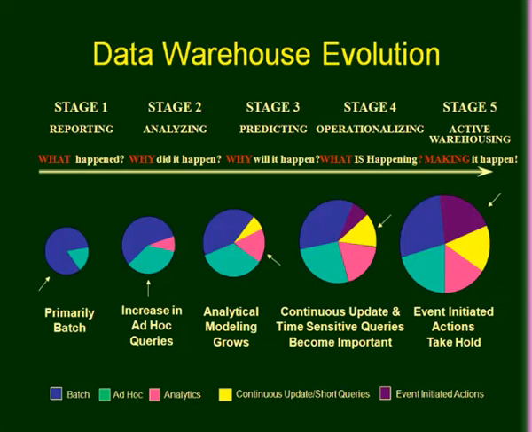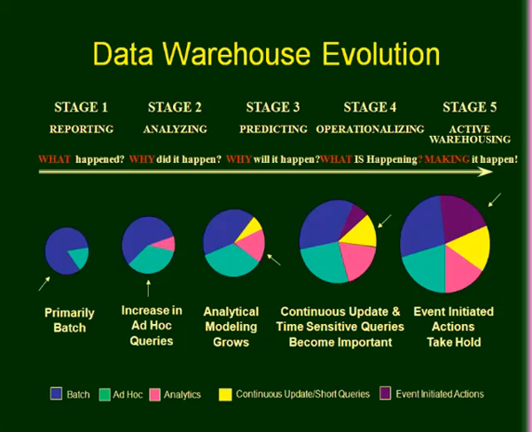All these five components, batch, ad hoc analysis, continuous update, short queries, and event-initiated actions, are part of active data warehousing, equally shared here. If you see the previous stages, the initial stage of data warehousing is only the reporting stage. Then the second stage is the analyzing stage. Then predicting, operationalizing the data warehouse, and then active data warehousing.